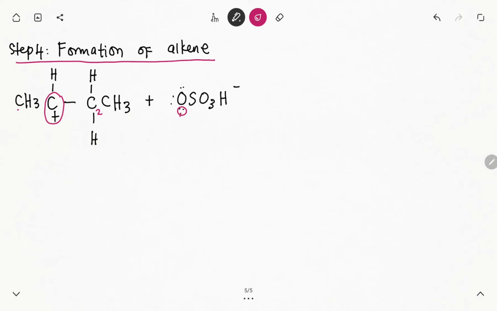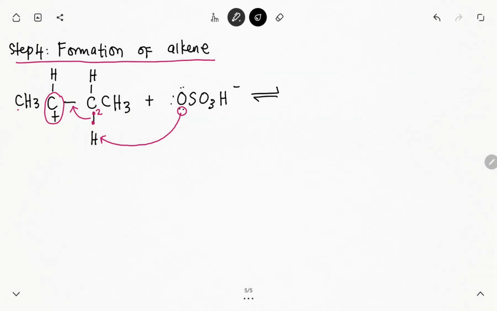This lone pair will attack the hydrogen that is covalently bonded to the carbon neighboring the C+. At the same time, the two electrons of the covalent bond stabilize between both carbon atoms, its own carbon and the carbocation carbon, to form the alkene group.